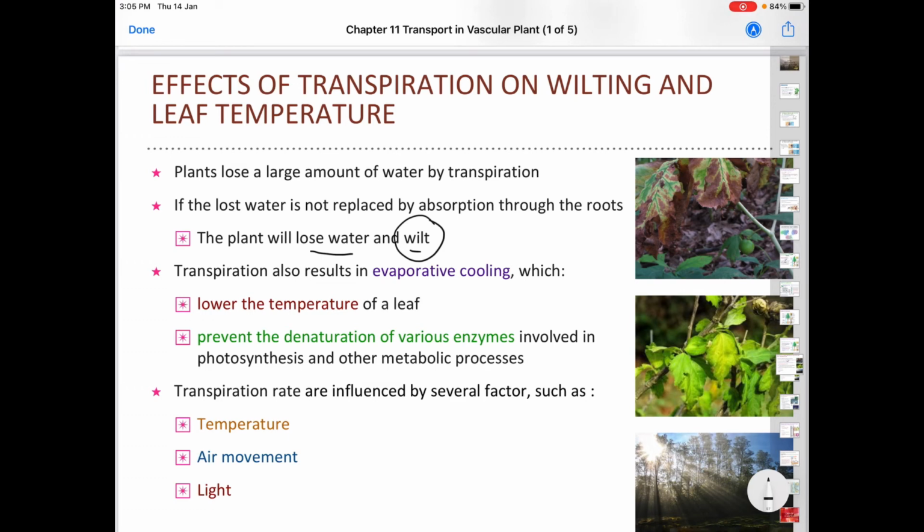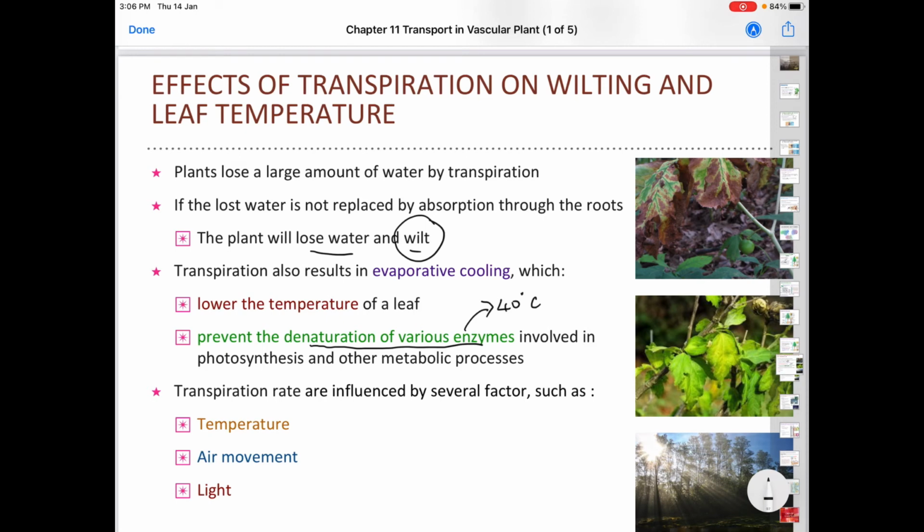Transpiration also results in evaporative cooling, which lowers the temperature of a leaf and also prevents the denaturation of various enzymes. Okay, in plants there are enzymes that function for photosynthesis and other metabolic processes. The enzymes can be denatured if the temperature is more than 40 Celsius.